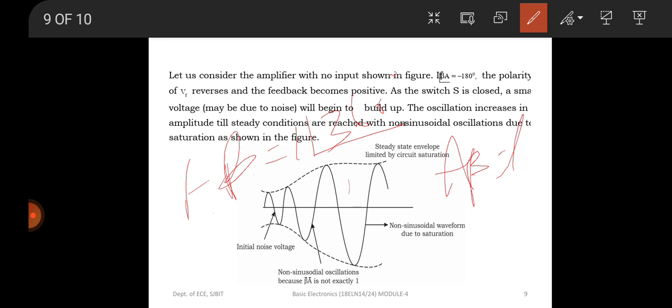Oscillations are self-starting and begin as soon as DC power is applied, because it is possible to thermally produce noise in the resistors and other components. This noise is made up of all frequency components, but one frequency component f naught of the noise satisfies the Barkhausen criteria, and the circuit oscillates with that particular frequency.